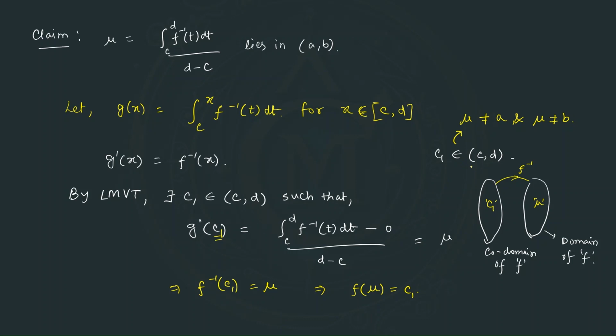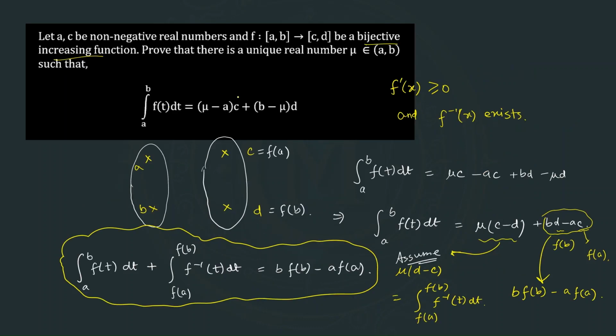So mu cannot be equal to a, mu cannot be equal to b, but mu lies in the closed interval a to b. So that implies mu should belong to the open interval a to b. And this is exactly what we had to prove here. That means our assumption is correct. This mu is this ratio, which is again a constant because this integral is constant and the length of this interval is constant. So mu equal to this lies in open interval a to b such that this relation holds true.